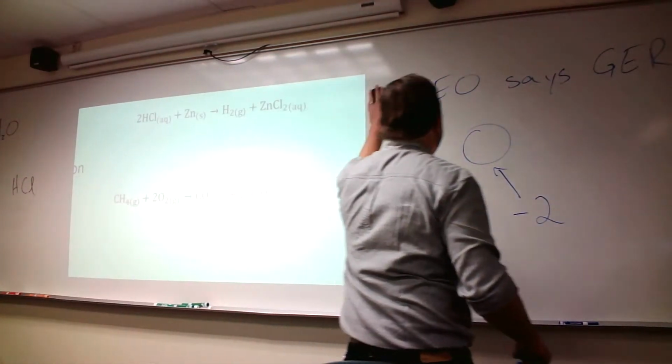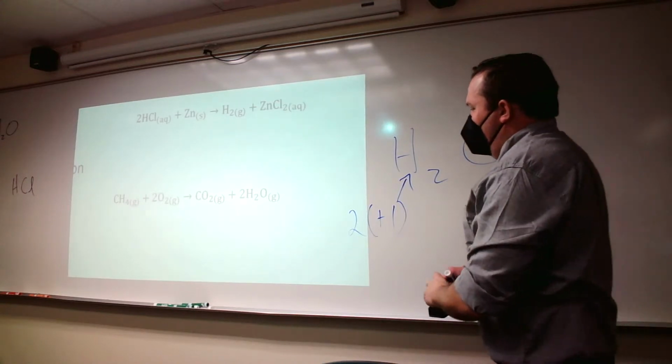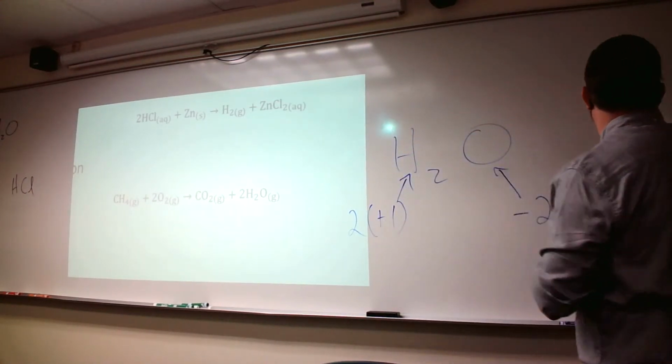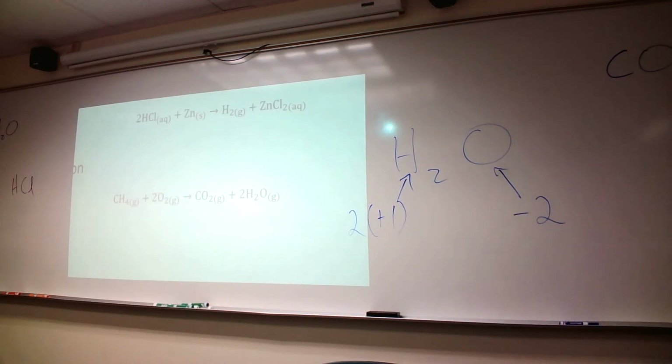So how about in CO2? What's most electronegative gets to go first. So what's the charge on the oxygen? -2. Still -2, and now there's 2 of them, right? So what's the charge on the carbon? 4.